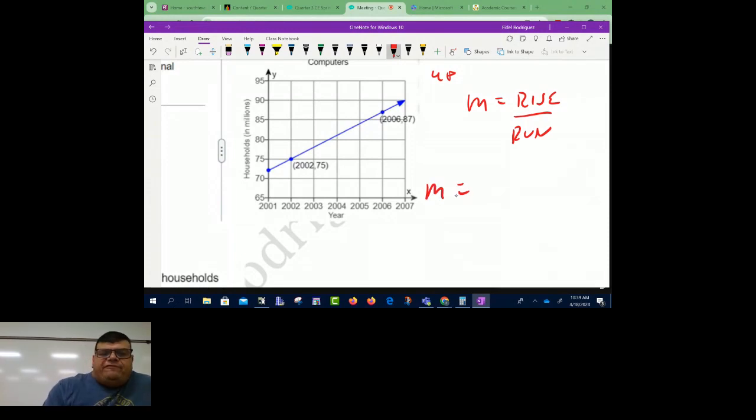I want to figure out from this point to this point how much I went up by. It's not exactly right on one of those lines, but I can think about this as my X1 and my Y1, and that as my X2 and my Y2.